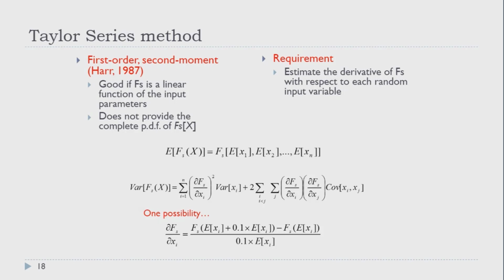The derivatives of the factor of safety are not obtained using a continuous function, but we can do it using a numerical approach like this, by taking small steps for each variable and seeing its effect. So this is another possibility, the Taylor series method, which is more commonly referred to as the FOSM method.